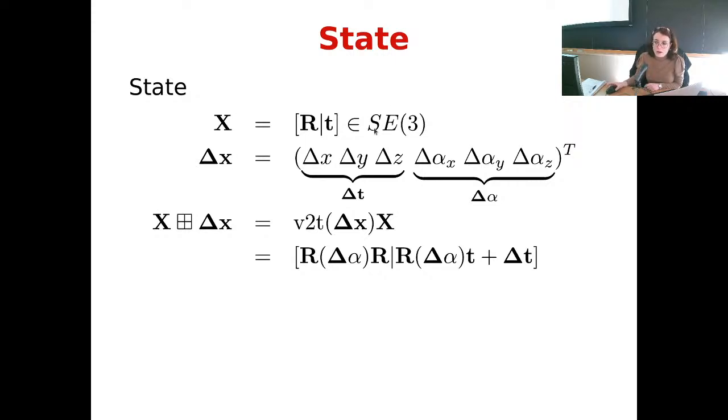So it's an element of SE3, and it's composed by a rotation matrix and a translation vector. We are not considering the scaling in this case. The transformation from world to sensor is a regular homogeneous transformation. Then we need to define a Euclidean parameterization, and R6 is very convenient in this case, as we have already seen in the previous slides.